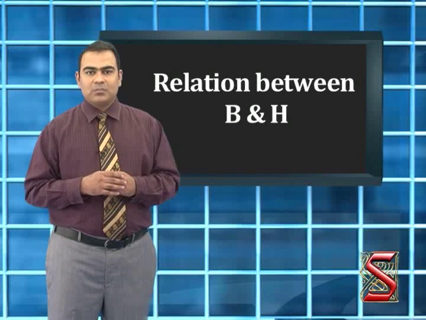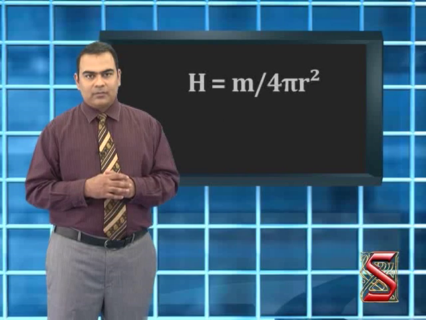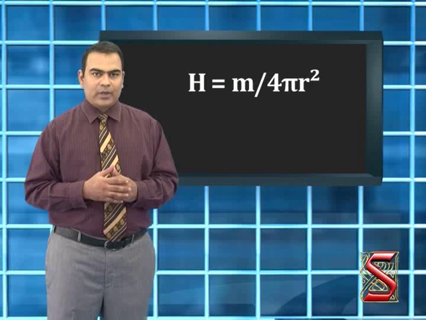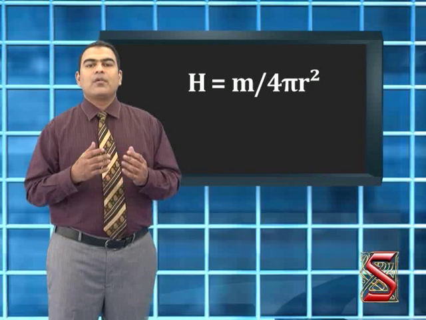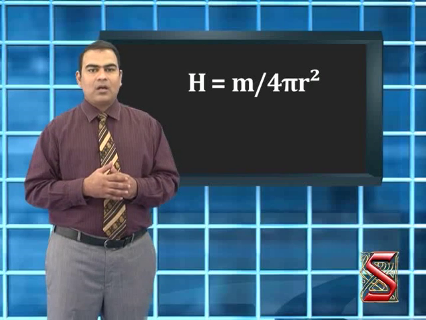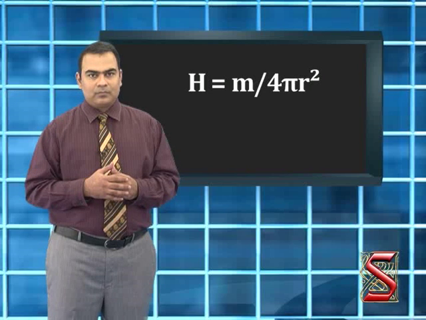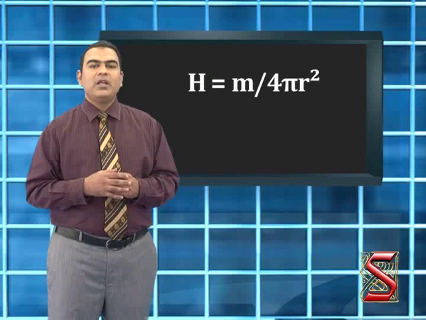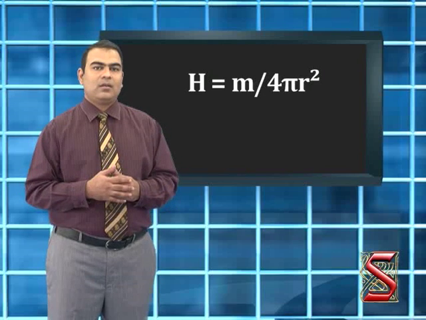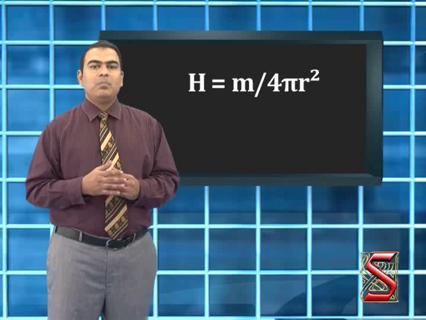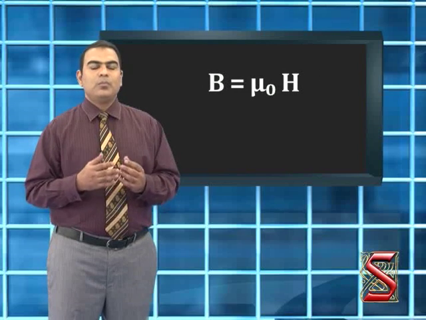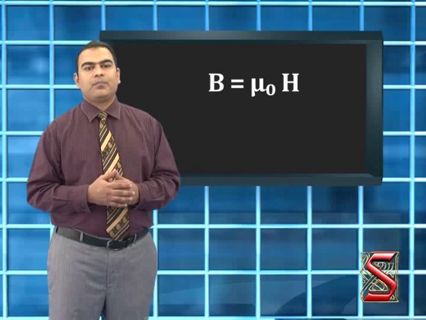In the SI system, H is given by H is equal to m by 4 pi r square. The units of H in the SI system are ampere per meter. Here, H is used without considering the role of medium or even free space. Thus, the relation between B and H is given by B is equal to mu naught into H.